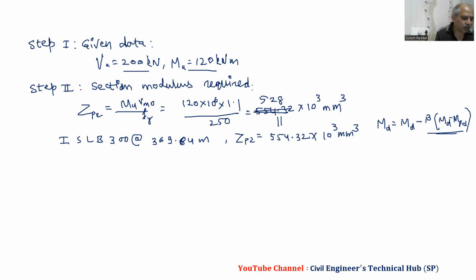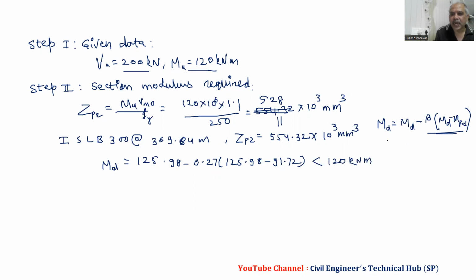I have calculated this value, and it comes to 118 point something, which is less than 120. For ISLB 300, I have 125.98 minus 0.27 into 125.98 minus 91.72, and it is less than 120.